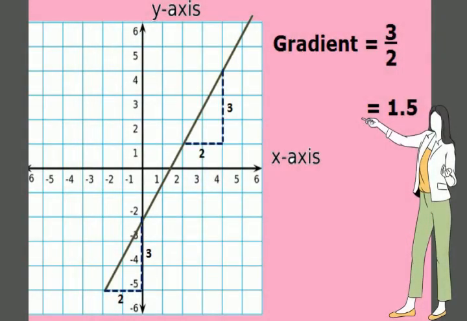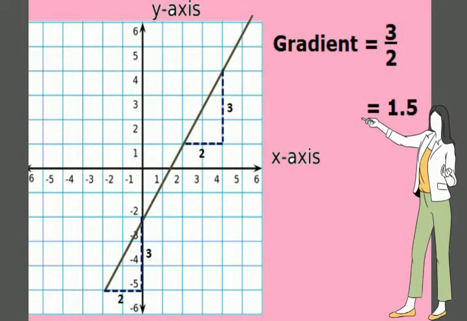In the other graph that you now see on my screen, I have already drawn a triangle after selecting the 2 points. The height of this particular triangle is 3 units and the base is 2 units. Substituting the values in the formula, I get the answer 3 divided by 2, which is equal to 1.5.